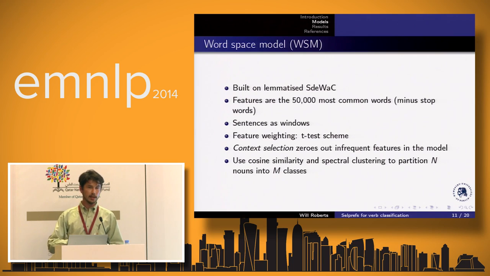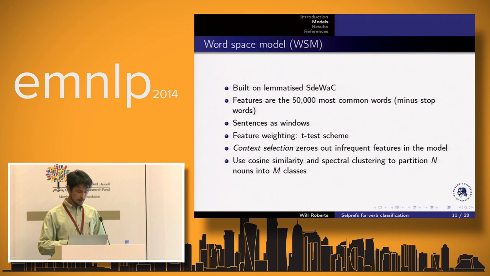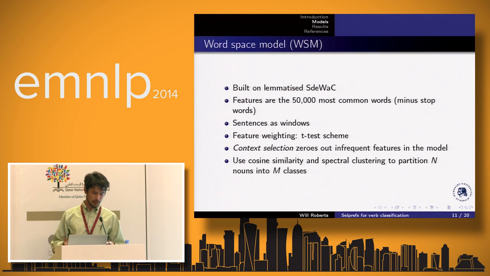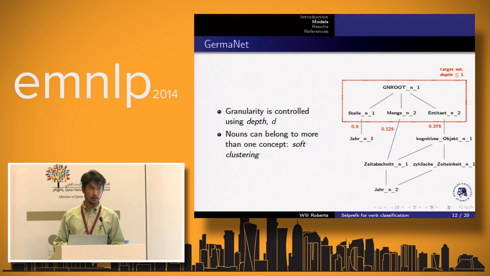The result of this is going to be, again, that each noun has an associated vector. And then we can use the cosine similarity to judge the similarity of any two nouns. We feed this similarity information into a spectral clustering algorithm. And again, we arrive at a partition of n nouns into m classes. So we have two parameters of this model, n and m, which are the same as the Sun model that I just showed.